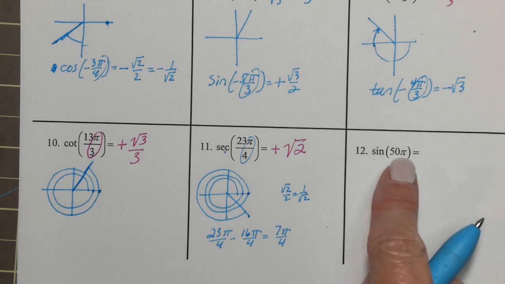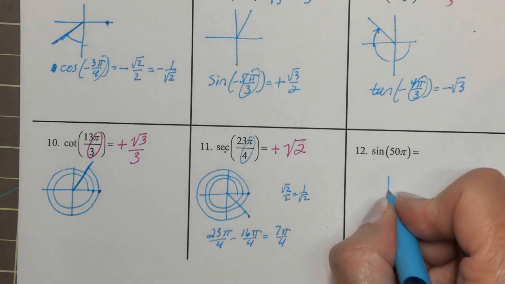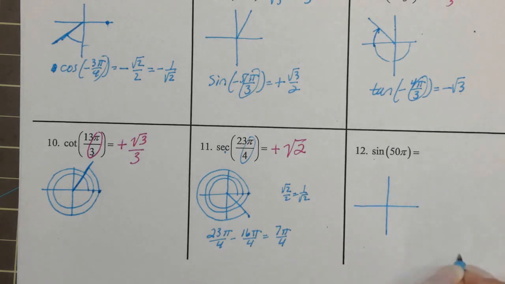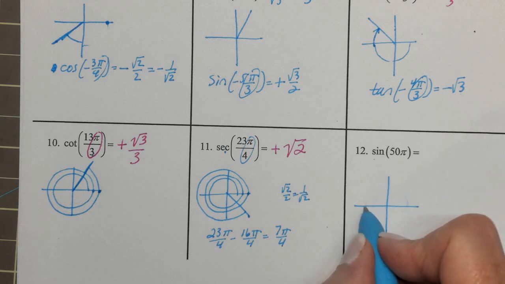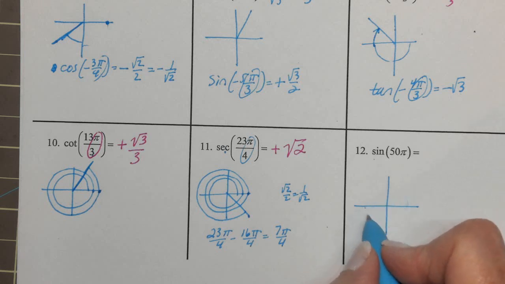Sine of 50 pi. Let's think about that. It's going to be on one of the axes, isn't it? It's either going to be a multiple of pi, a pi or a 2 pi or a 3 pi, 4 pi, 5 pi, 6 pi.